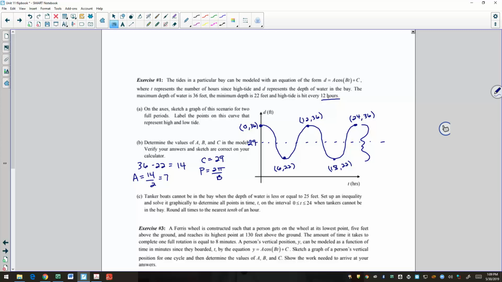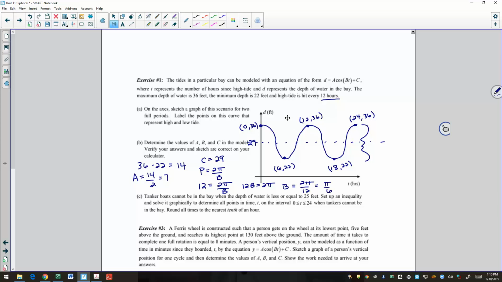We know it's going to be 12 hours, so the period equals 12. Now I can plug in 12 for the period and solve for B, since it's the only variable missing. If I multiply the B over to the other side and then divide by 12, I get 2 pi over 12, which is pi over 6.